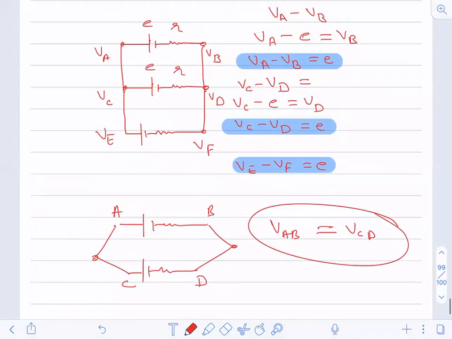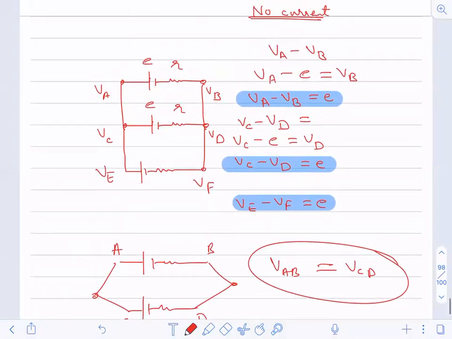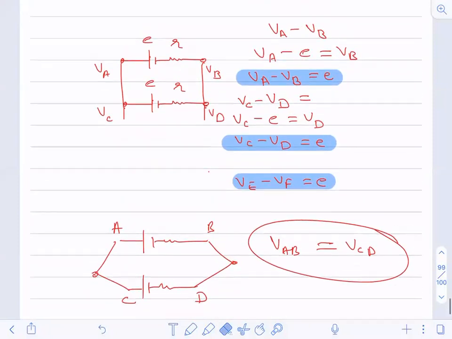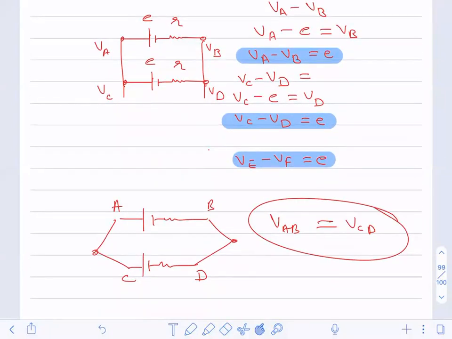So what is the problem here now? The same connection is there, no? Is there a difference in this and in this? No, there is no difference here.